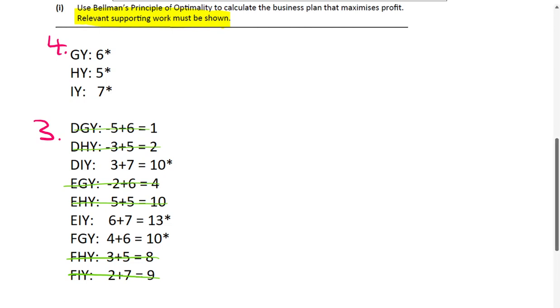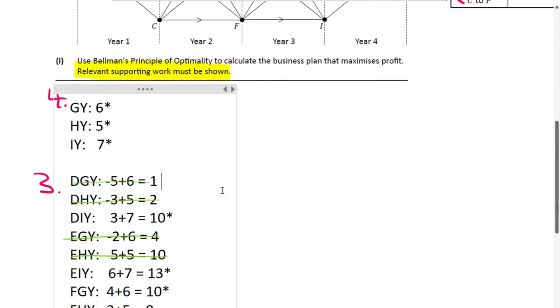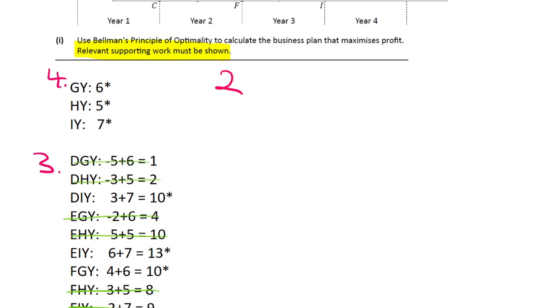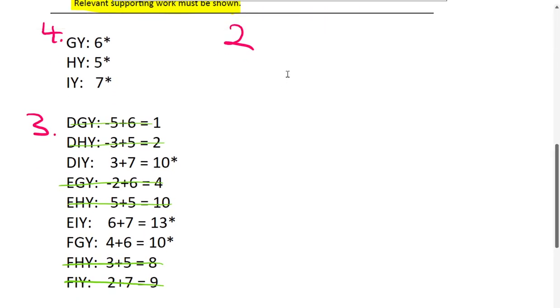So let's see what happens when we look at stage 2. Now I'm going to have to do a bit of an annoying one. So I'm going to put that over here, and start typing up here, so we can look at the whole thing. So up here, what are the nodes?